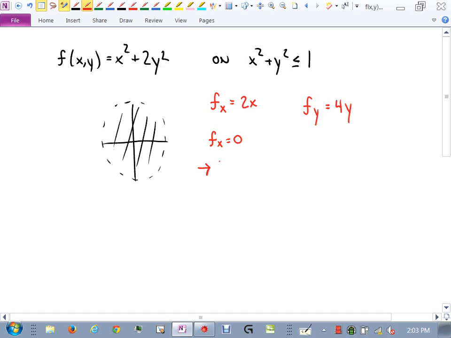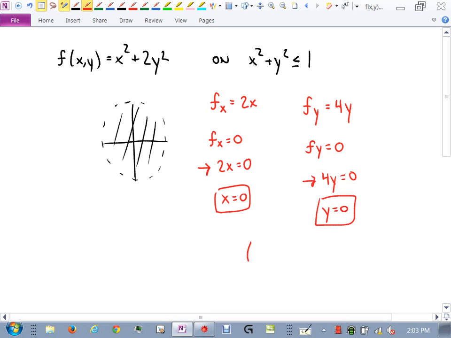That happens when 2x is 0, which happens when x is 0. Partial with respect to y equals 0 happens when 4y equals 0, which means y is 0. So that means (0, 0) could be a local max or local min, couldn't it?